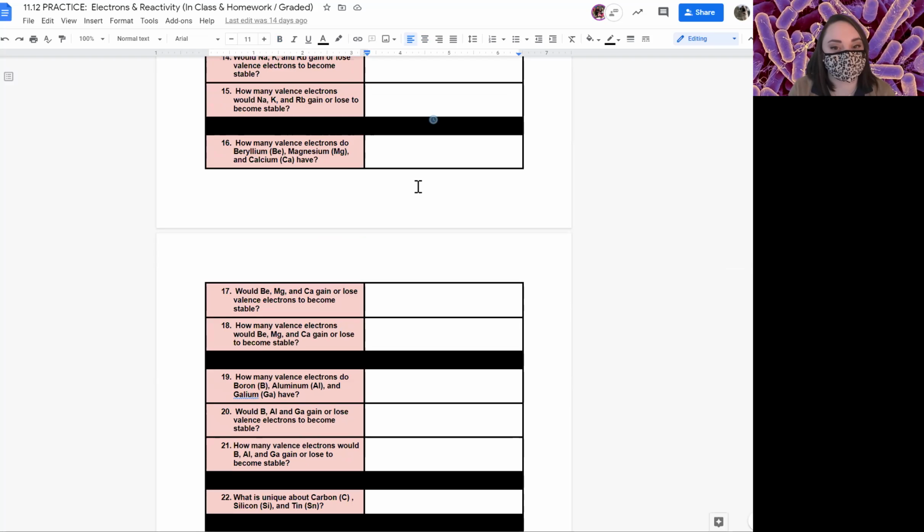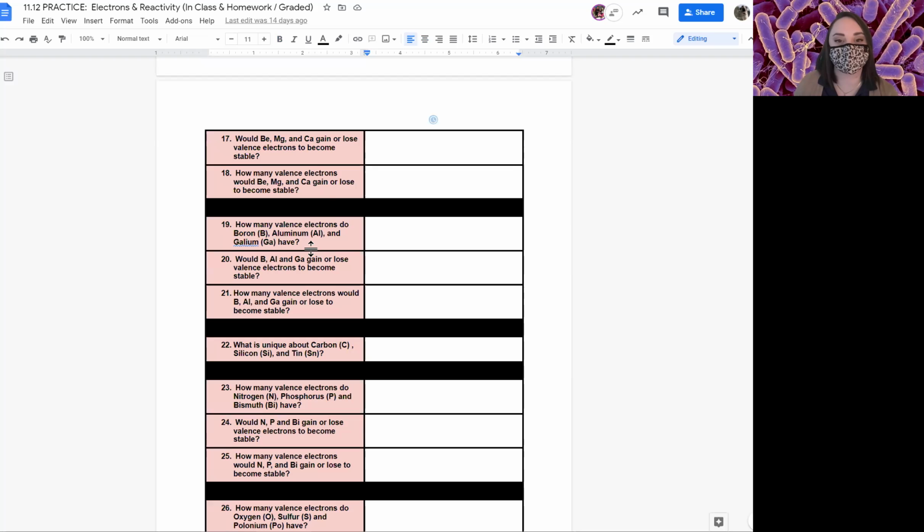Would they gain or lose their valence electrons? They would lose. So in total, they would lose how many? 2. All right, good. Number 19. How many valence electrons do boron, aluminum, and gallium have? 3. Would they gain or lose their valence electrons? Lose. So they would lose how many total again?